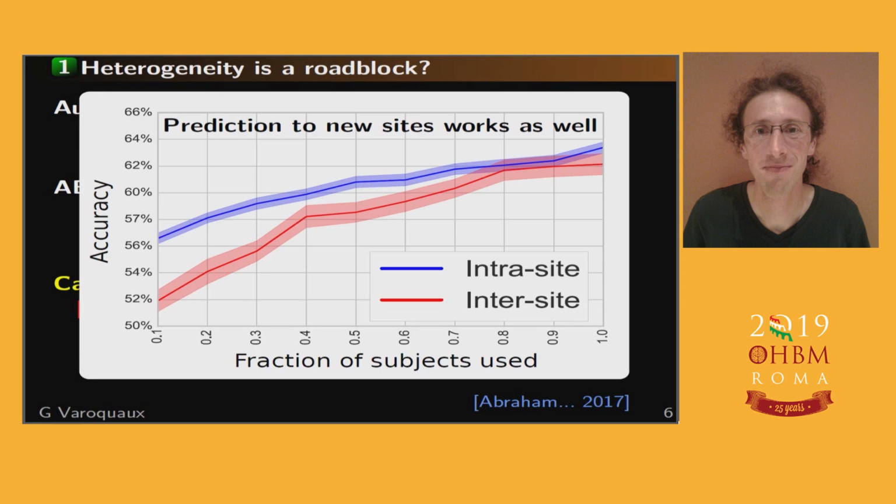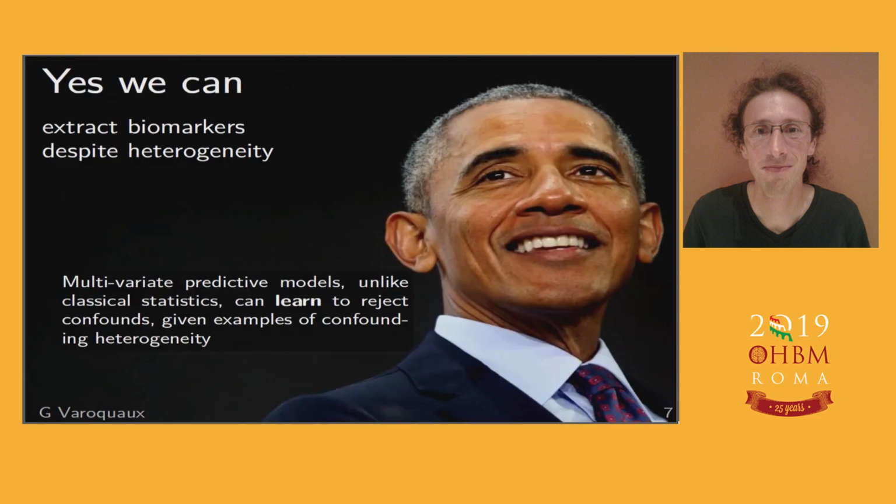So based on this, I don't believe that for prediction, heterogeneity is a roadblock. And there is a reason behind this, is that unlike classical statistics, multivariate predictive models can learn to reject confounds if they have example of confounding heterogeneity. And that's something that's very different from classical statistics, and so that's why intuitions that we might have do not carry over. So yes, we can extract biomarkers despite heterogeneity.